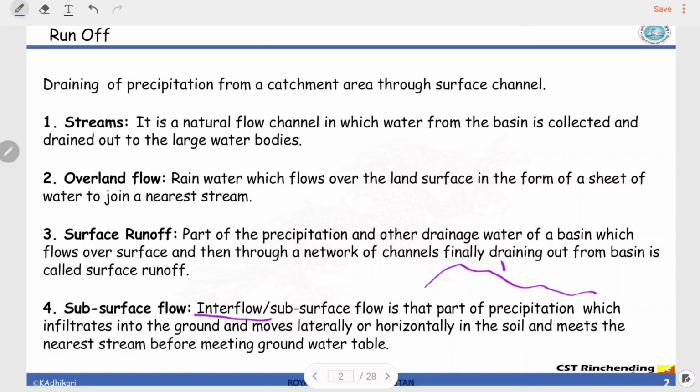If there's a rainfall here, some portion of water gets into the ground, and instead of going further deep, it starts to flow laterally, and at some point it will again come out. I have recorded a video where the subsurface flow can be clearly visualized.